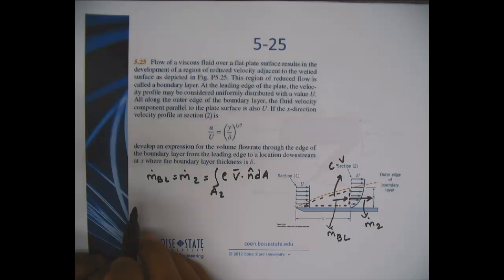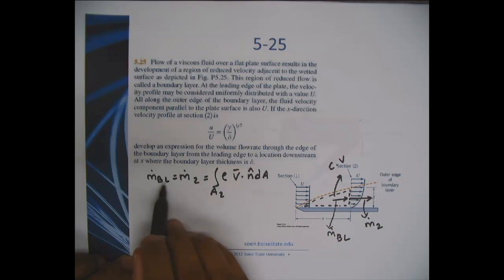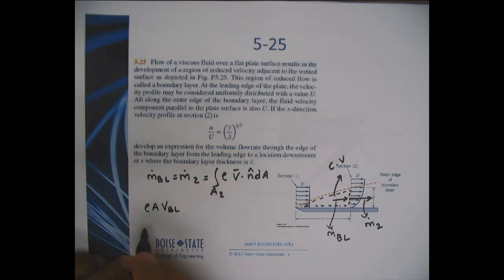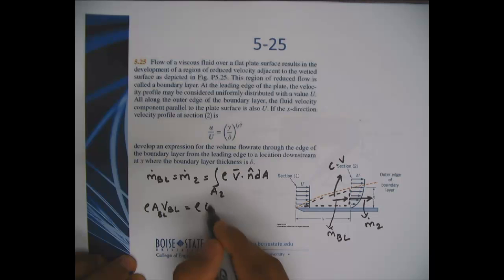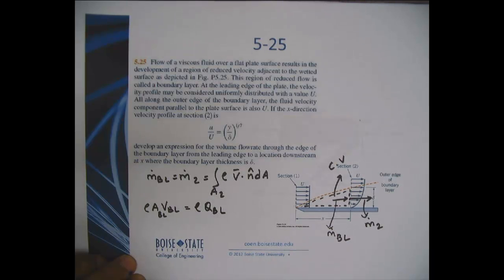We are given it's an incompressible flow, so density is a constant, and m dot BL is nothing but rho A BL V BL, and A BL V BL is nothing but the volumetric flow rate, Q. So that's rho Q BL.